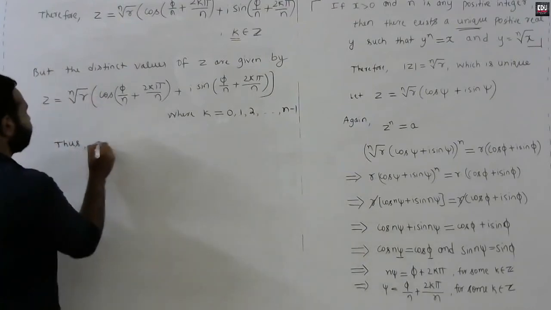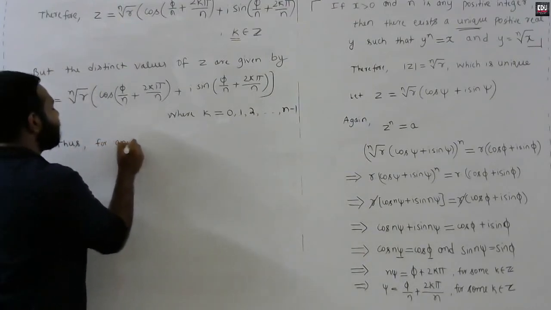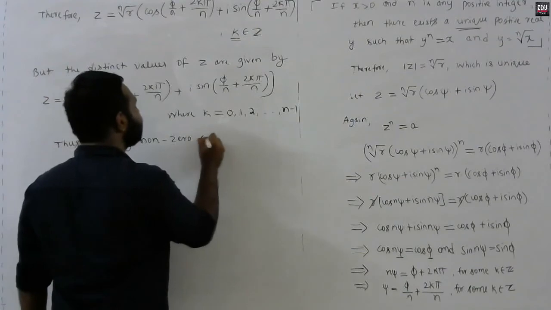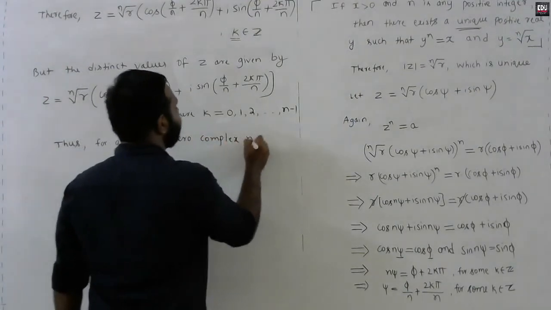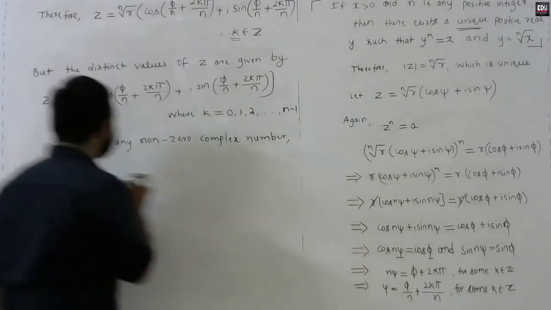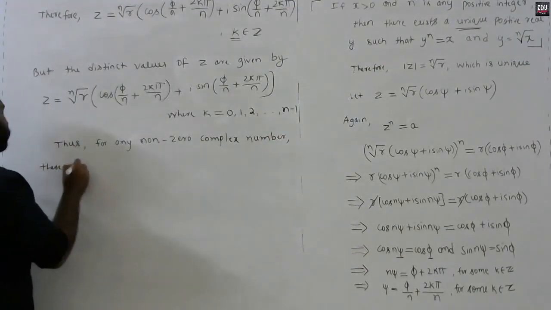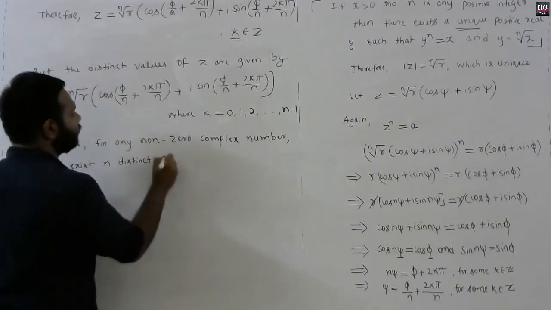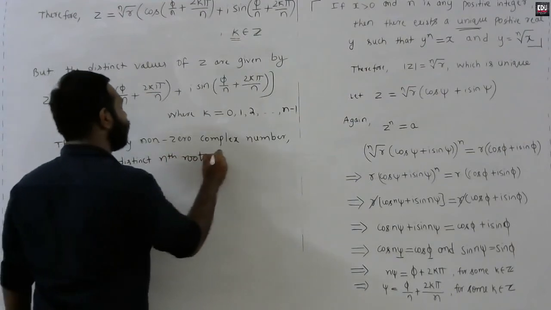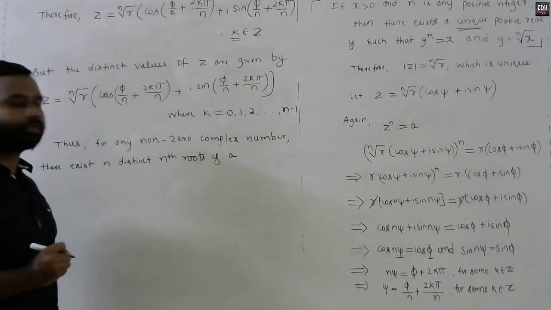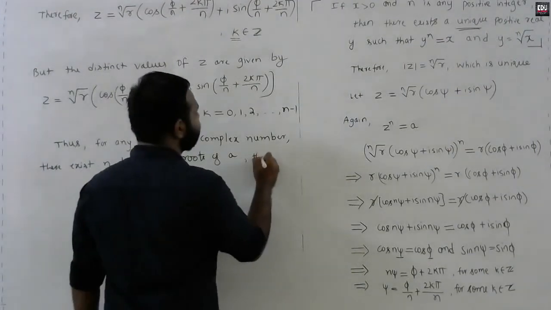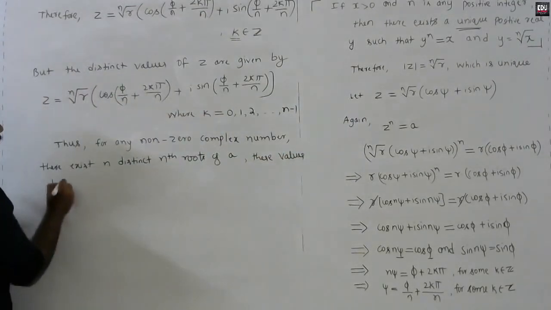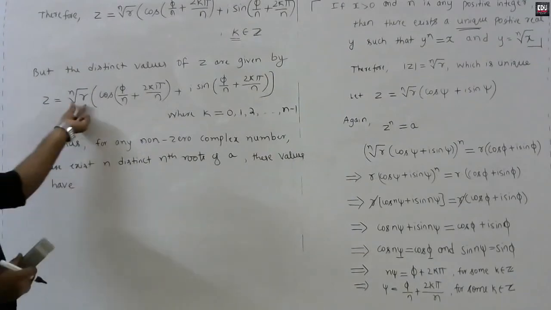So for any non-zero complex number, there exist n distinct nth roots of a, and these values have the same modulus.